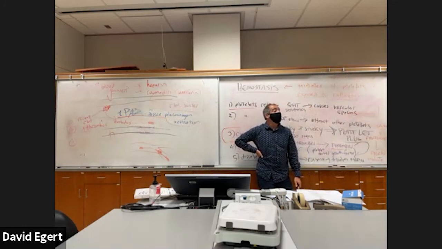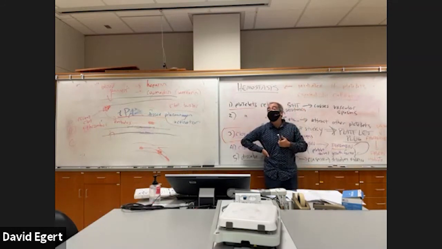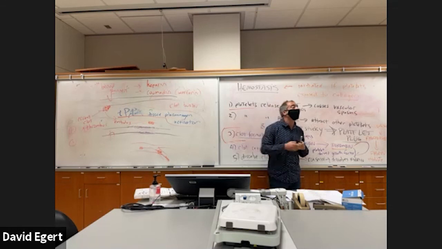So we need to make sure we have heparin in the tube, and that's going to inhibit the clot formation, so we can actually get the hematocrit. In the tubes where we're going to be assessing the time for clot formation, obviously those have to be non-heparinized because otherwise you're not going to ever clot.